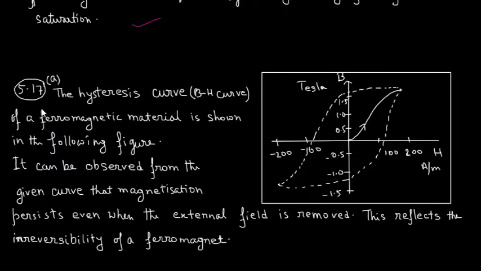So the answer to question A is the hysteresis curve, the B-H curve of a ferromagnetic material, as shown in the following figure. It can be observed from the given curve that the magnetization persists even when the external field is removed. This reflects the irreversibility of a ferromagnet.